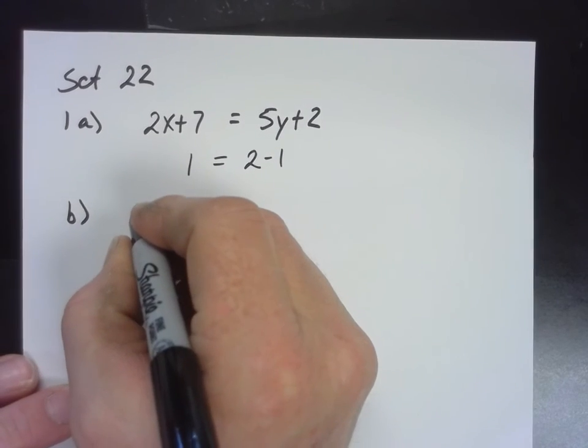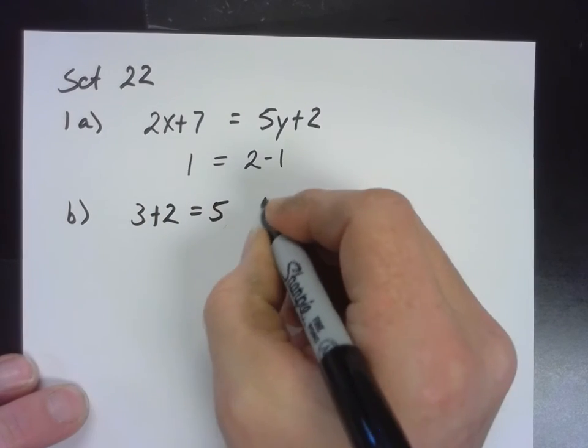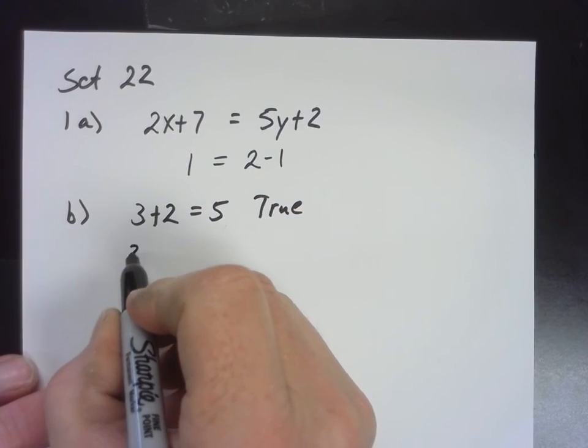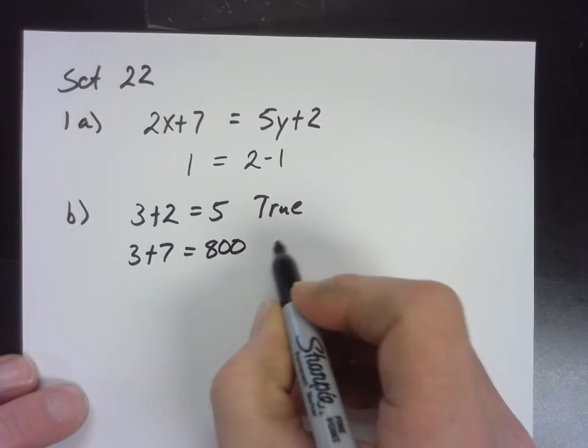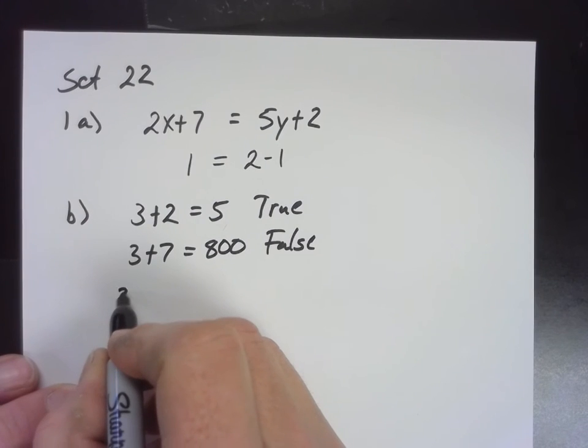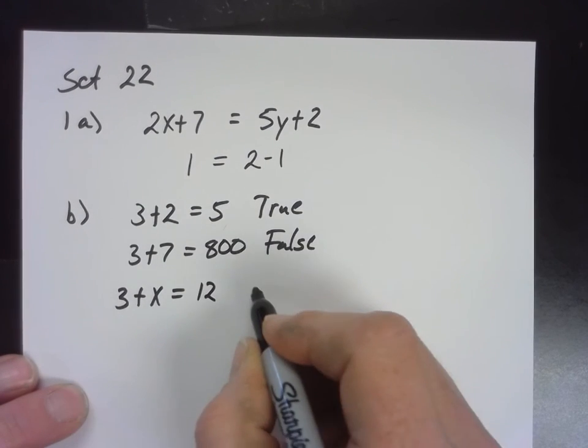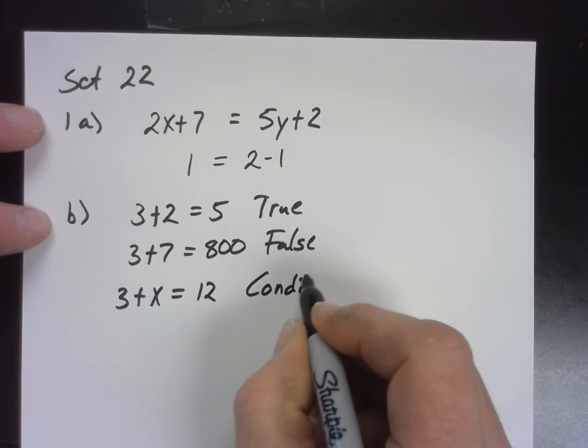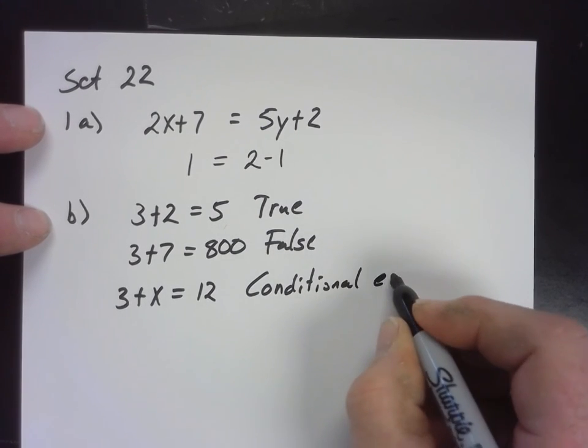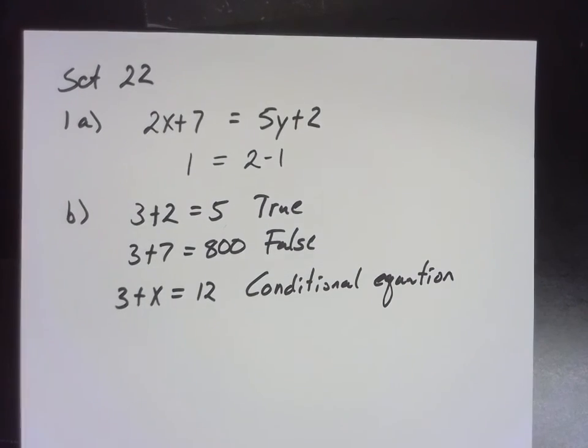So remember, we had true equations, we have false equations, and we have conditional equations. That makes sense to everybody? So if we had a quiz Monday and I said, write down a true equation, could you do it? Write down a false equation, could you do it? Write down a conditional equation, could you do it? I didn't get a definite yes on that one.